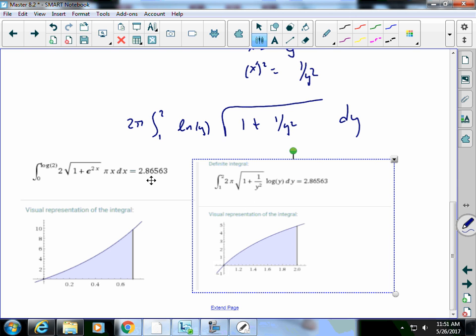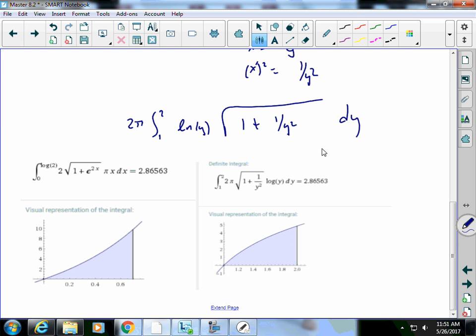Look, 2.86563, 2.86563. So I just wanted to show you that it doesn't matter which way we did it, we get the exact same answer. So in other words, do what's easiest for you when you're doing these problems. The important thing was keeping it rotating about what I was supposed to rotate about.